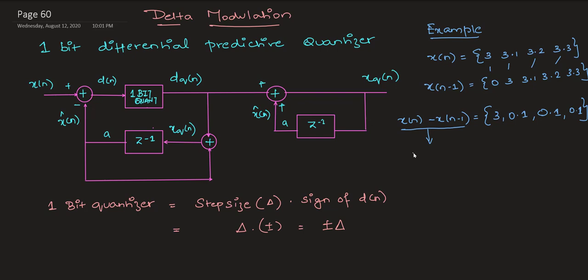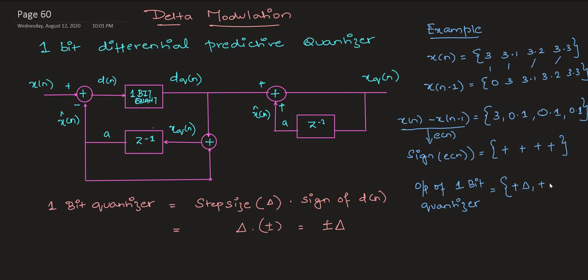So my delta quantizer is going to give plus delta for all these four. The output of the 1-bit quantizer is going to be all plus delta, and it will go on to the decoder, where we get this back, and that is why we have the predictive block which will give you the first value.